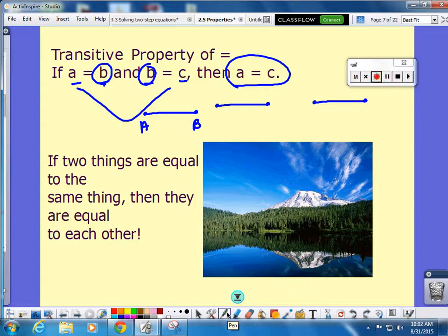So if I say AB is equal to CD, and then I tell you CD is equal to EF, well, if this is equal to CD, and this is equal to CD, what do you know about AB and EF? They're equal too, right? If two things are equal to the same thing, then they're equal to each other.